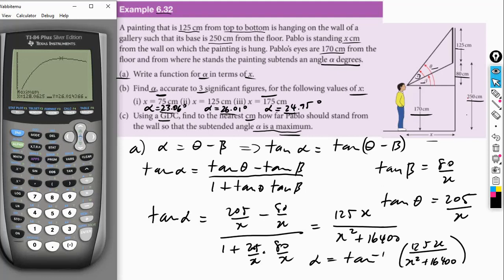So that means that we have an answer for C, because we can say that the x distance that Pablo should stand from the wall would be, and it says to the nearest centimeter, so x would have to be actually 128 centimeters, and that would give him the maximum angle subtended, which is 26.01 degrees. Notice that this is very close to what we had here at 125 as well.